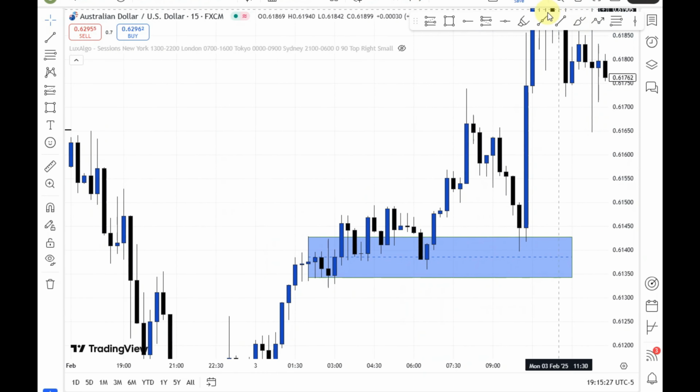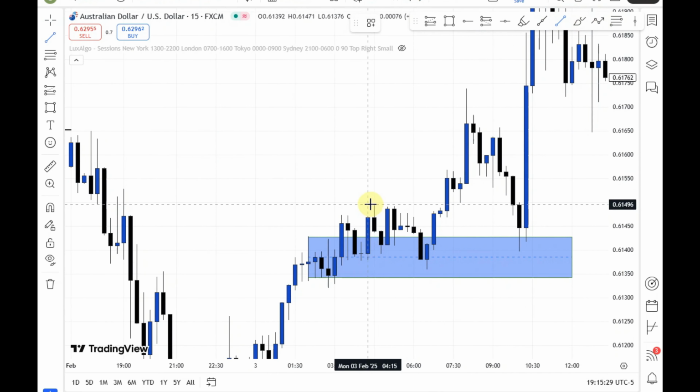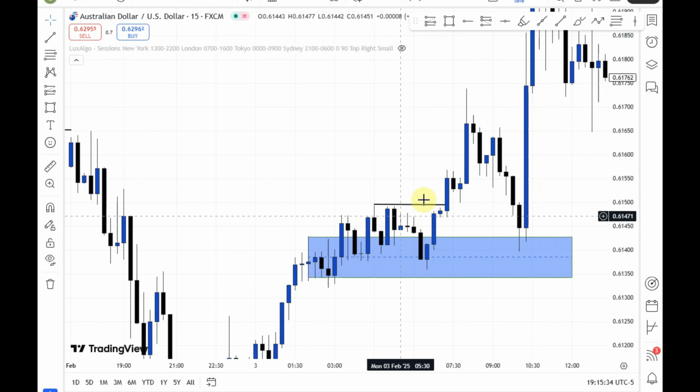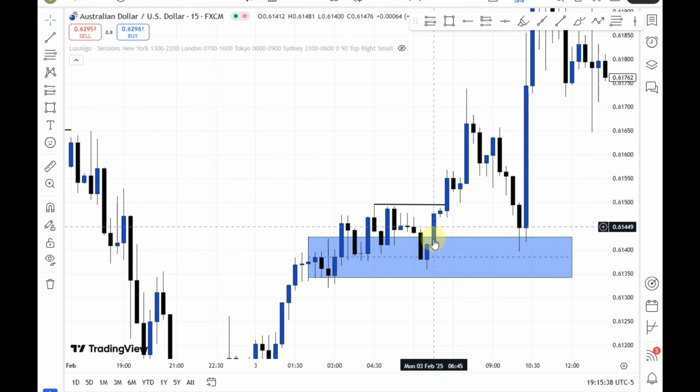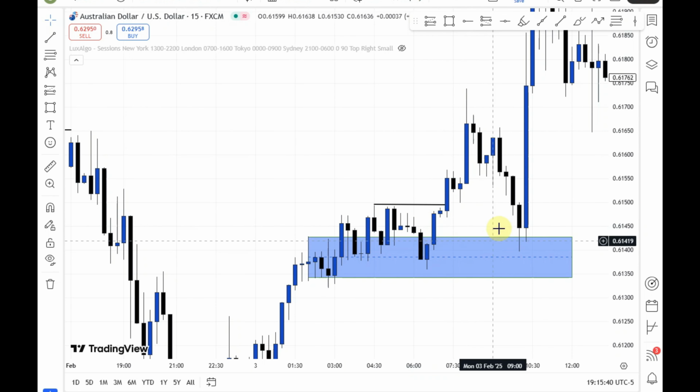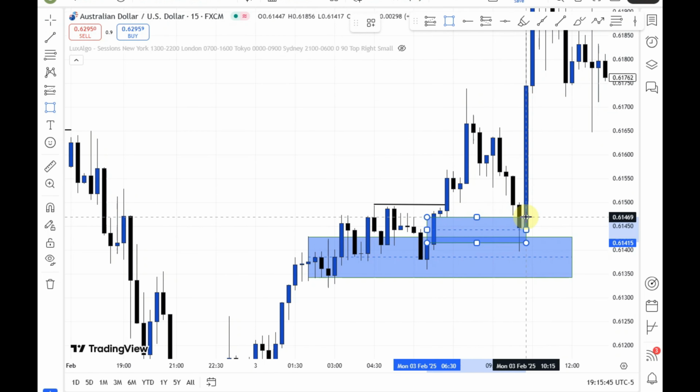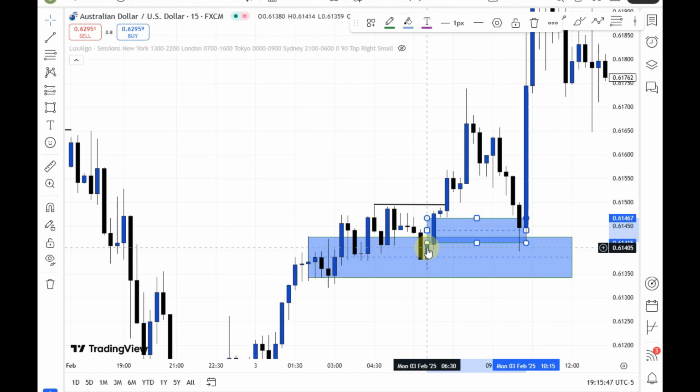There is this one, equal highs. They were taken out. This is also another form of liquidity. I look for my buys in the internal range liquidity, which was this fair value gap here. This candle and this candle.